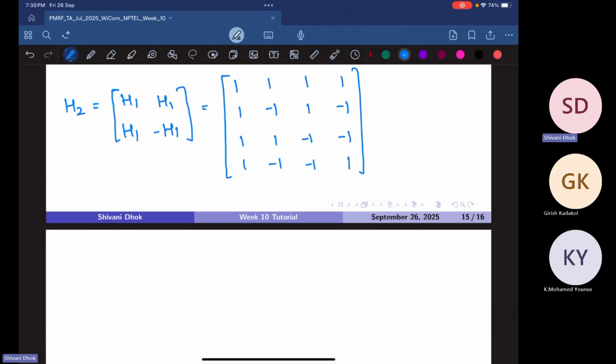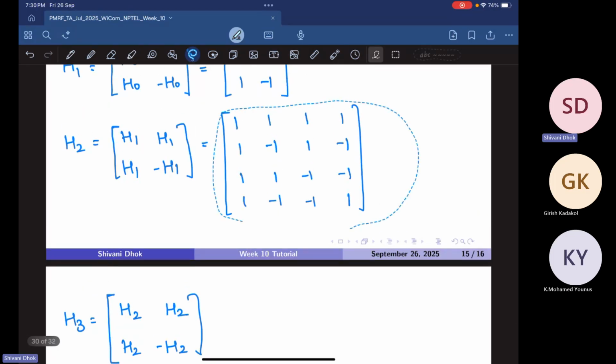And finally this H3. This H3 is given by H2, H2, H2 and minus of H2. So I'll just copy paste this on the next slide.